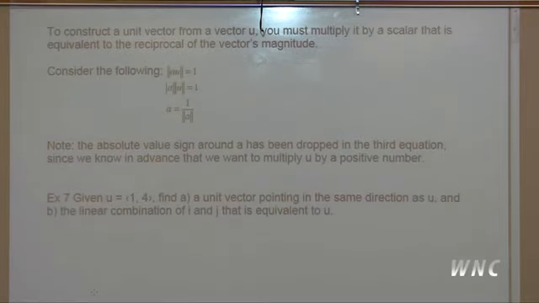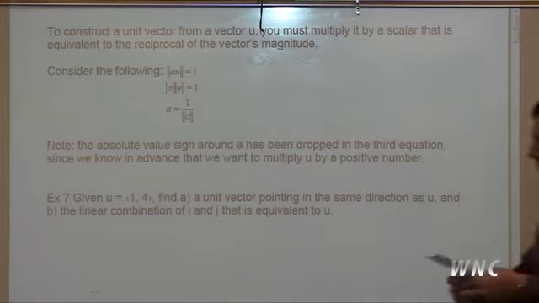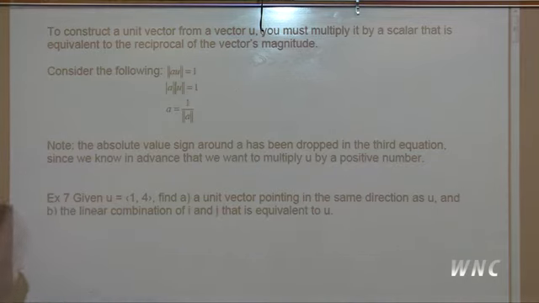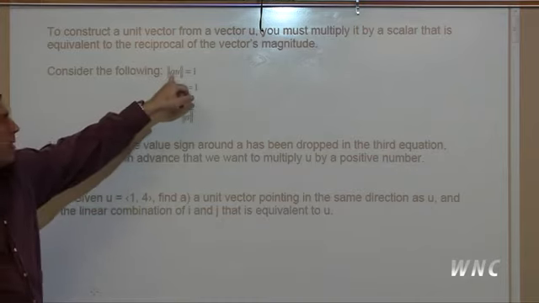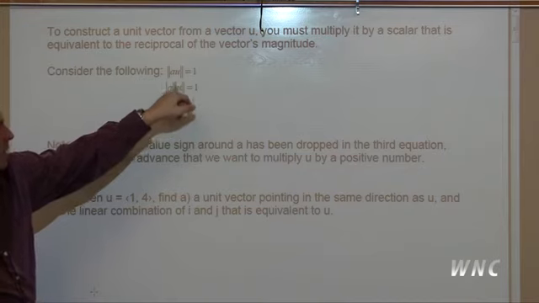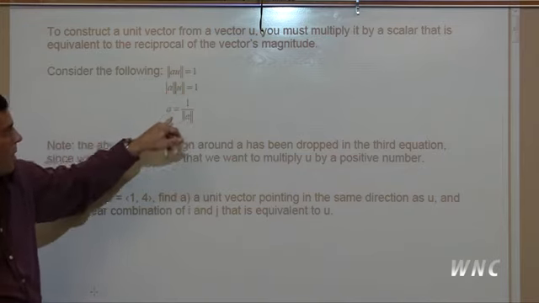To construct a unit vector from a vector u, we must multiply it by a scalar that is equivalent to the reciprocal of the vector's magnitude. So consider the following vector au. The magnitude of au is 1. That's the absolute value of a times the magnitude of u is 1.